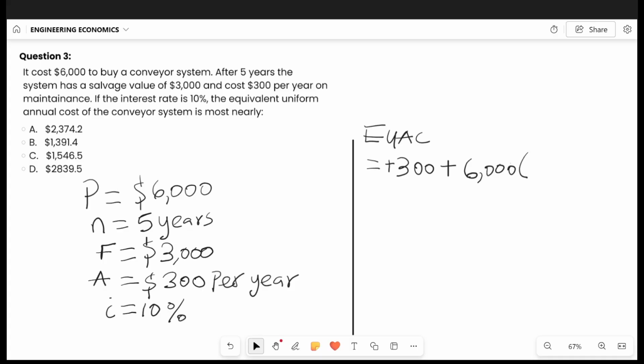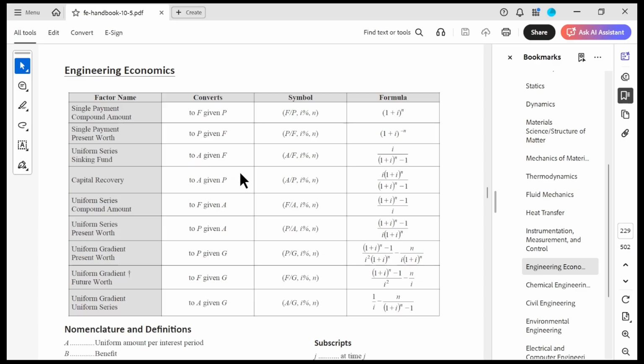We are going to go over to the manual to look for the interest factor to convert $6,000 present value into an annual cost. We will have to use the capital recovery factor, which is to find A given P at an interest rate i for N periods.